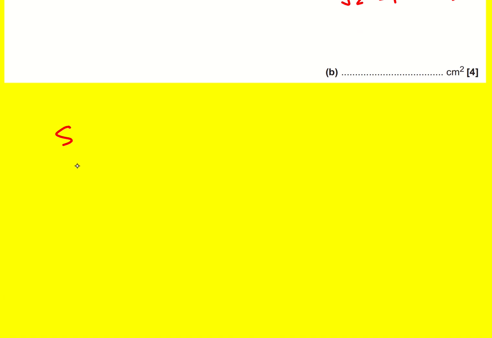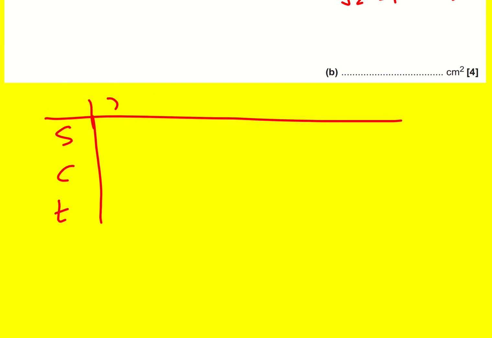First of all, you need to know sine, cos, and tan. Remember it in that order. And then the key angles are 0, 30, 45, 60, and 90. And here's a little algorithm. What we can do is write down 0, 1, 2, 3, 4. We can then square root each of these.